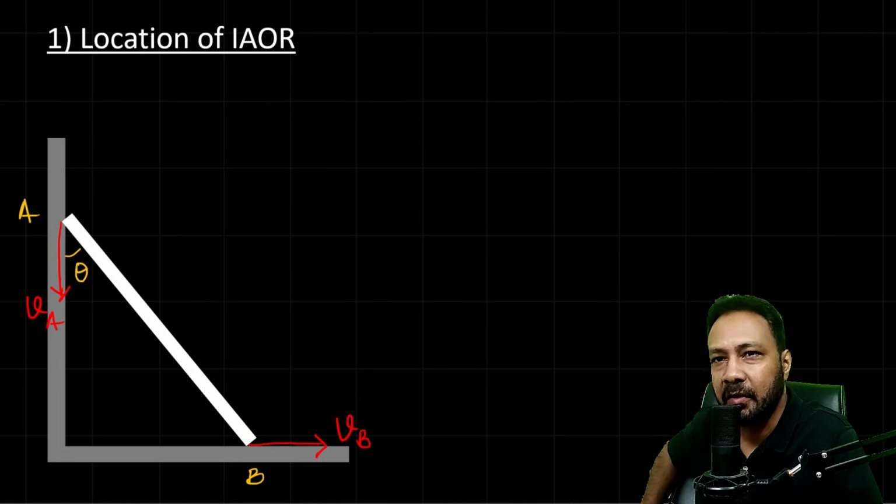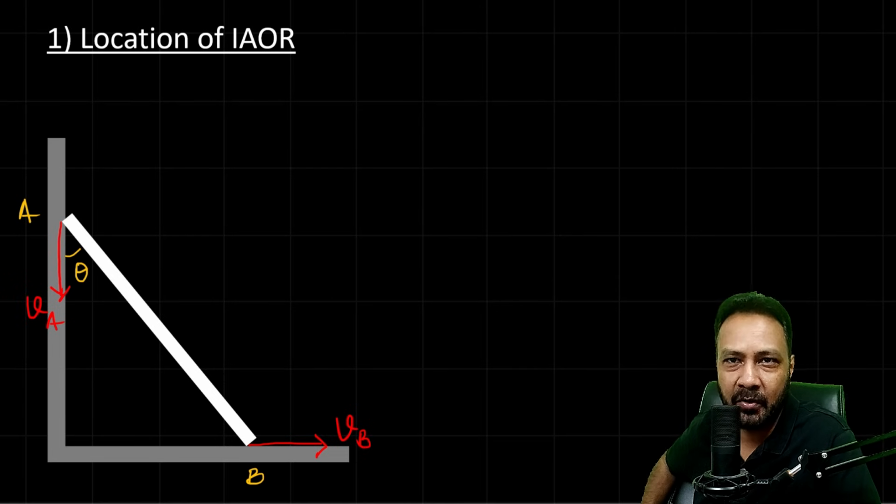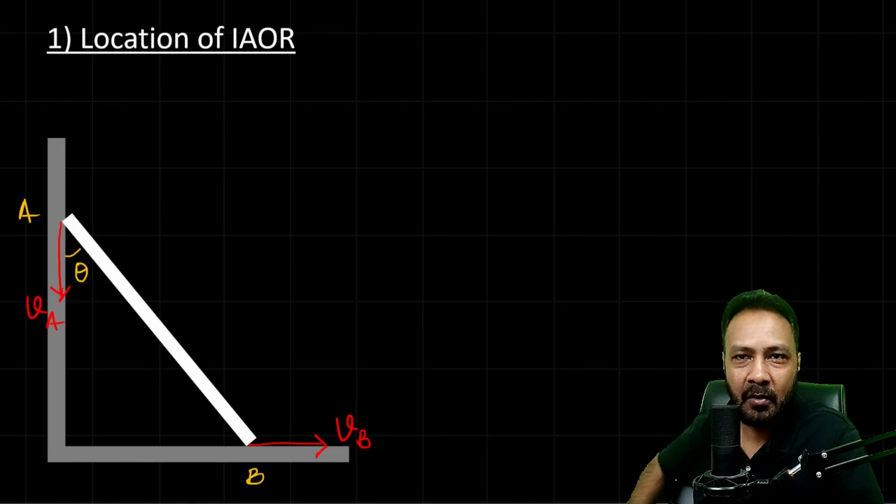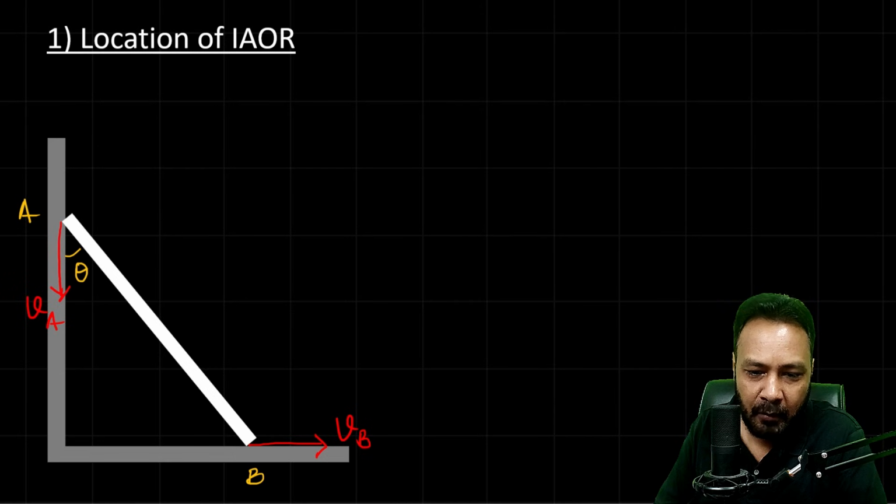We know that if we know any two points' velocities, we can locate the IAOR, instantaneous axis of rotation. Instantaneous axis of rotation is the axis from where the rigid body's motion appears to be pure rotational. When the velocity vectors are not parallel, we make the perpendiculars at their tails.